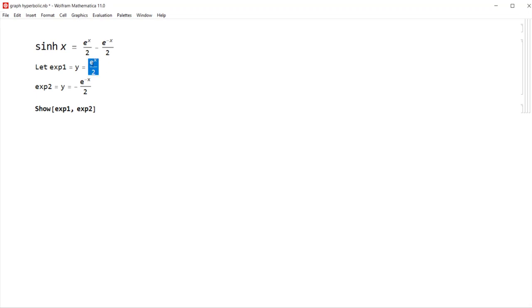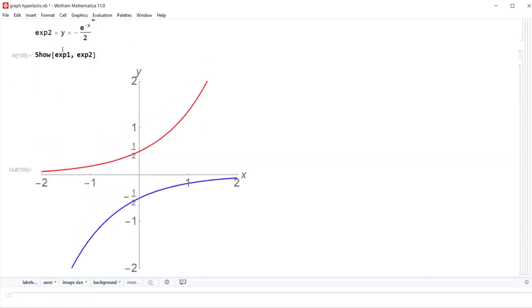Okay class, now we combine the graph of e power of x divided by 2 and the graph of negative e power of negative x divided by 2. In my programming I write exp1, exp2, and you will get this. This is e power of x divided by 2, with cross section 1/2, and this one is y equal to negative e power of negative x divided by 2, with cross section negative 1/2.